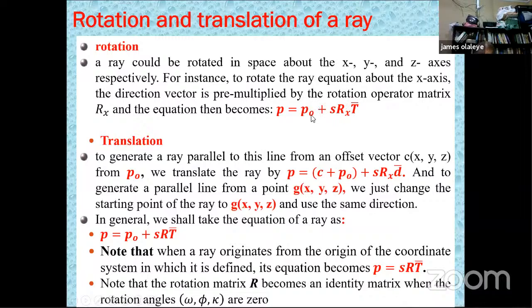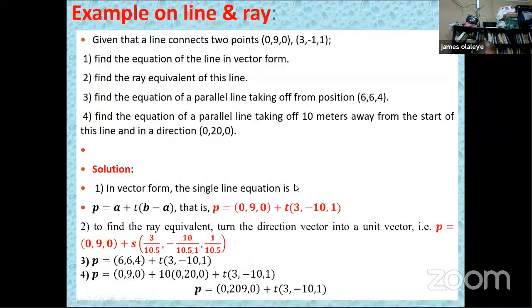When you change the starting point, you are shifting the ray. When you change the direction, you're changing the ray. Unless you do the two, the ray will remain the same. So we have a translation, which is demonstrated here. When you get the material, you're able to see how it is done.